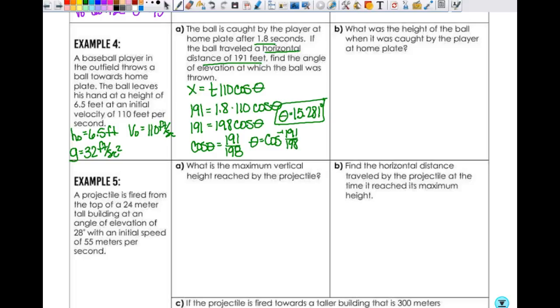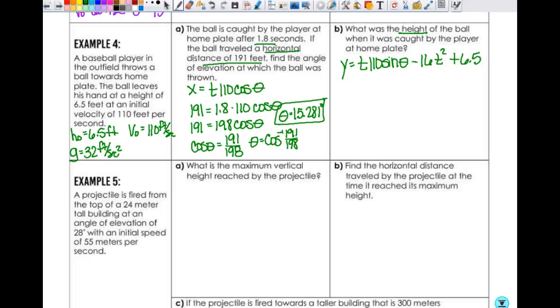B says, what was the height of the ball when it was caught by the player at home plate? All right, so I need my y equation. So y is going to be equal to t times 110 times the sine of theta, which we have, but we'll leave it like that for right now, minus 16t squared plus 6.5.